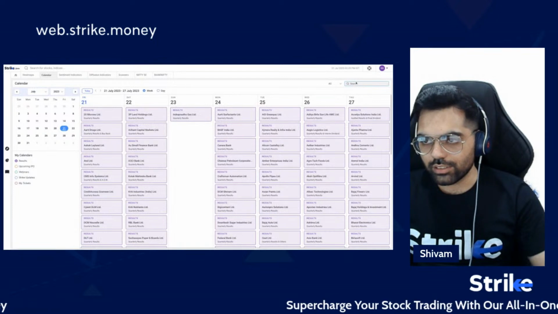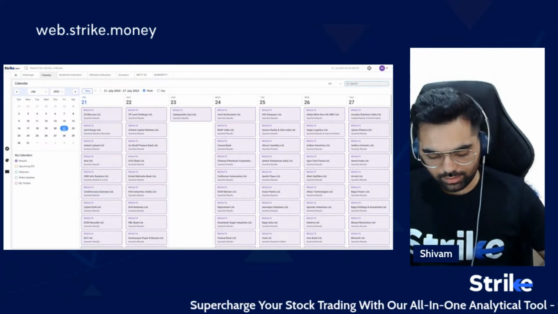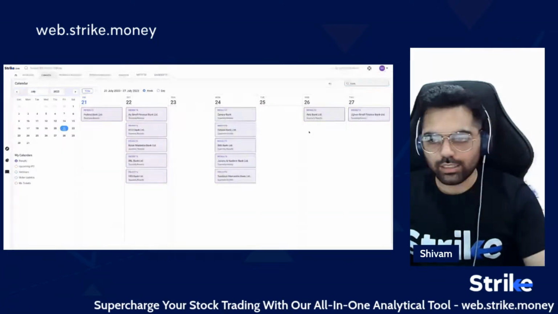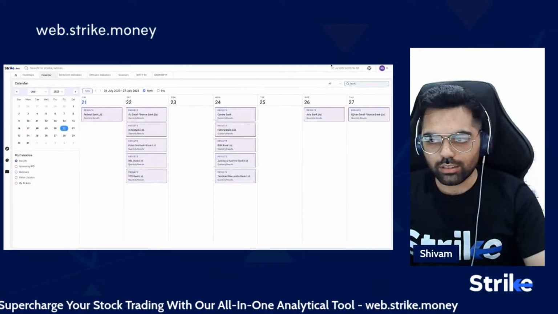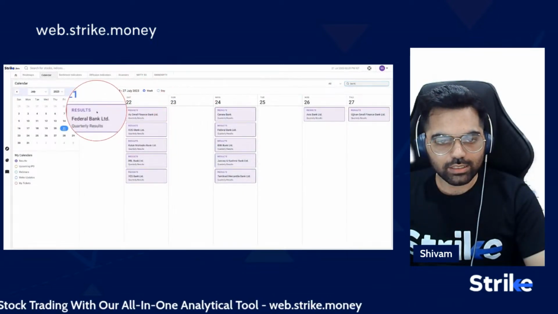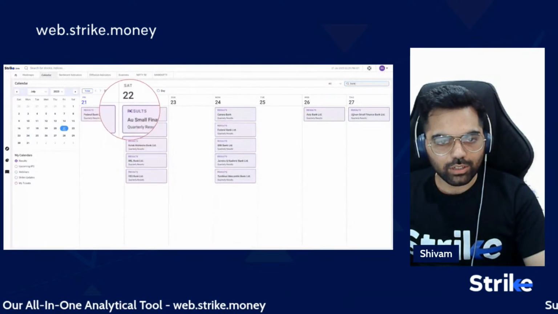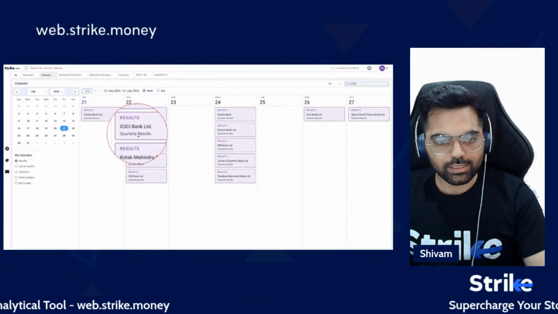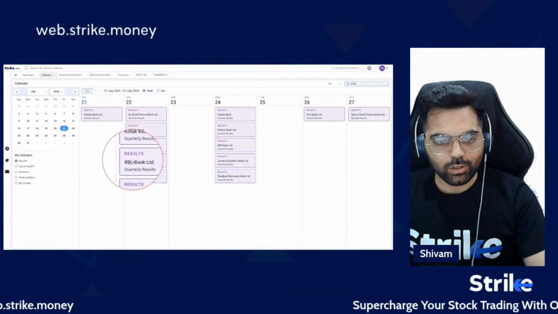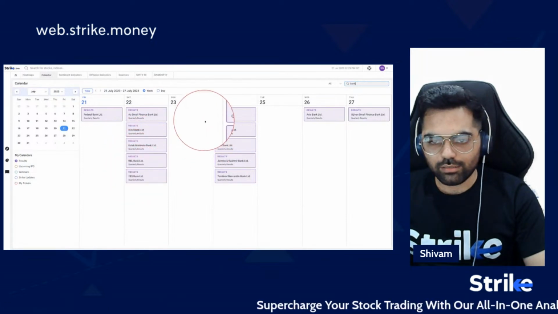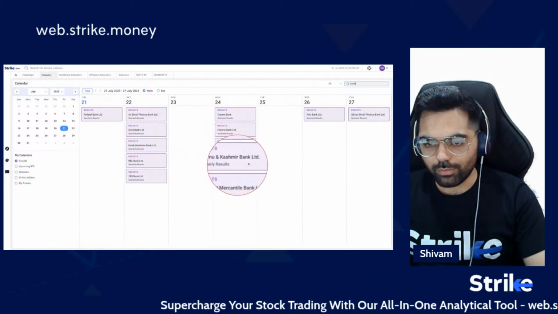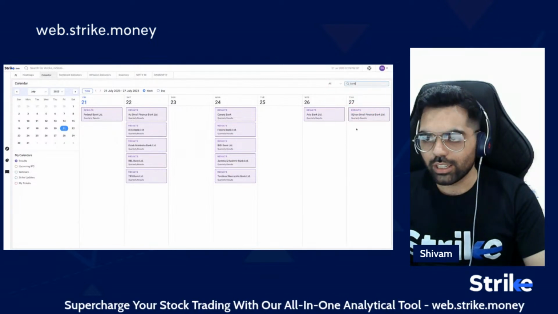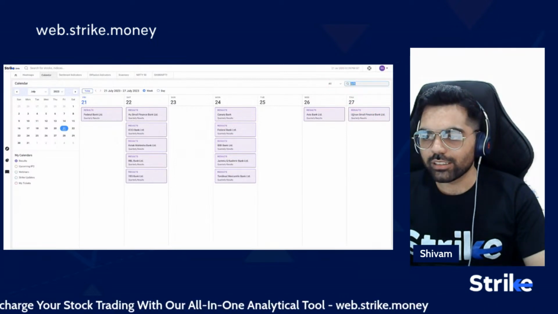In the search, I'll just type in bank. We can see in the next few days there are many results coming from banking, mainly Federal Bank today, and tomorrow AU Small Finance Bank, ICICI Bank, Kotak Mahindra Bank, RBL Bank, Yes Bank, and so on, and many of the PSU names here as well. So the action here is maybe due to the expectations in the earnings.